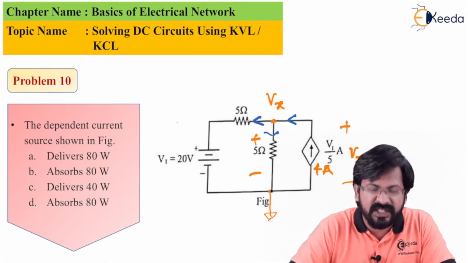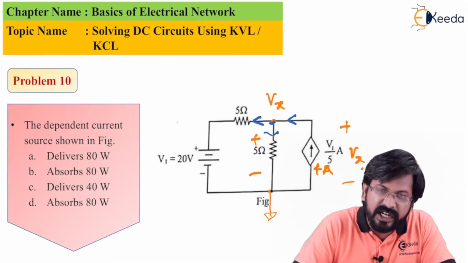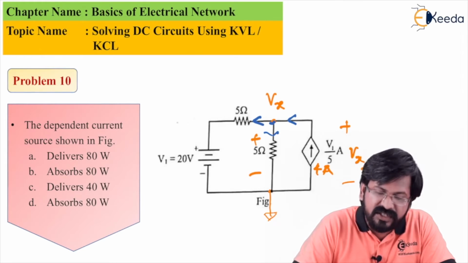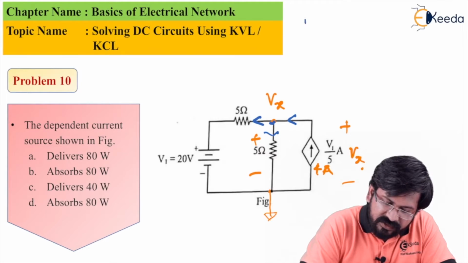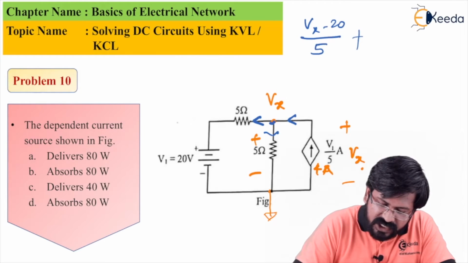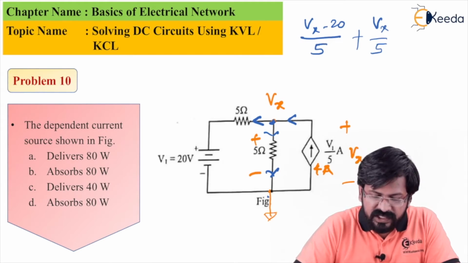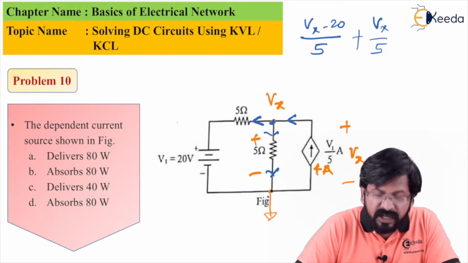Let us apply KCL. So the first branch current is Vx minus 20 divided by the total resistance in the path, which is 5. So it is Vx minus 20 divided by 5, plus the second branch current, as you can see in this branch, which is Vx minus 0 divided by 5. And in the third branch, as you can see, the current is incoming, which is nothing but 4 ampere.